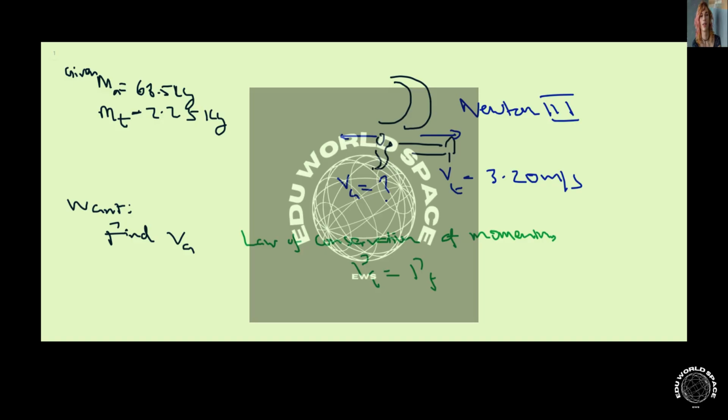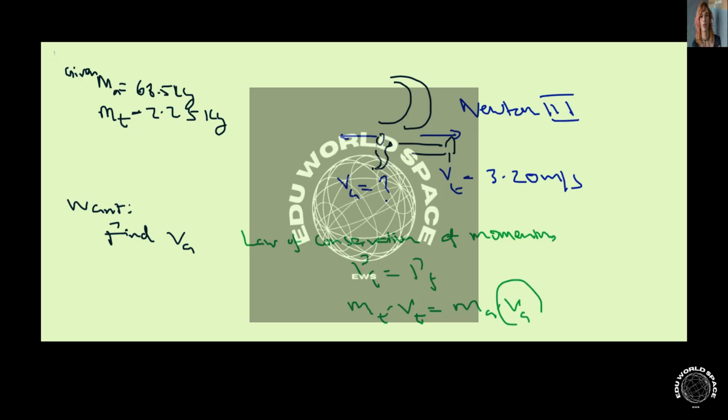The initial momentum of the system just happens to be zero. We have the tool, and they're moving in opposite directions. So the mass of the tool times the velocity of the tool equals the mass of the astronaut times the velocity of the astronaut.